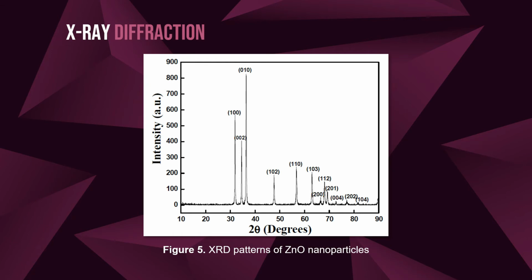The average crystallite size was found to be 35 nanometers using XRD data for the calcined compound. No other peaks were found, indicating the formation of a pure hexagonal structure of ZnO.